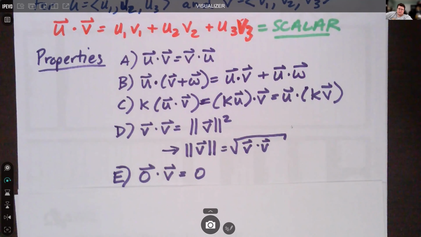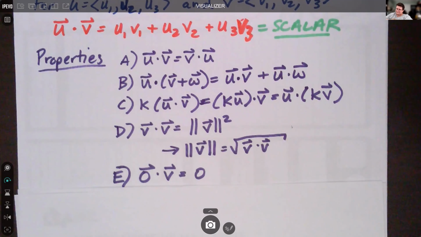The dot product is distributive. u dot (v plus w) is u dot v plus u dot w. When we distribute a scalar, we only distribute to one of them. So if we're doing k times the quantity u dot v, we either do it times u or times v, ku dot v or u dot kv. If you tried to put it on both, you'd notice you'd get k squared, and that's not the same value.